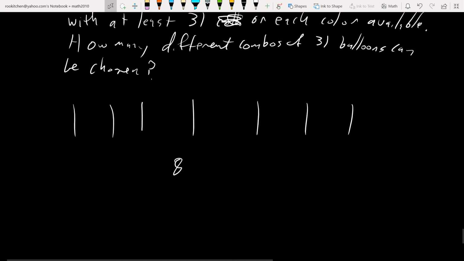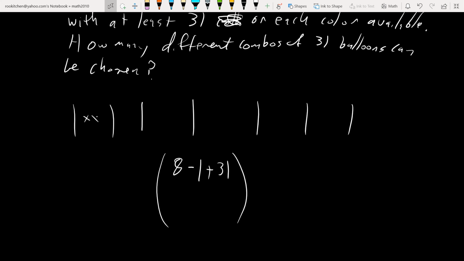It's 8 minus 1, the number of slashes, plus 31 for the x's, like maybe I got 2 blue balloons, 3 of the red balloons, and let's not go through it. And we're choosing 31 of those. So this would be 38 choose 31.